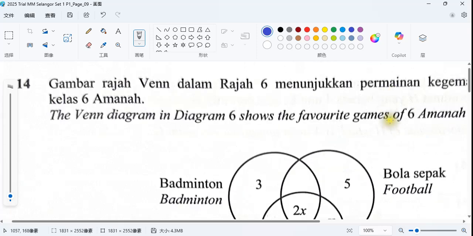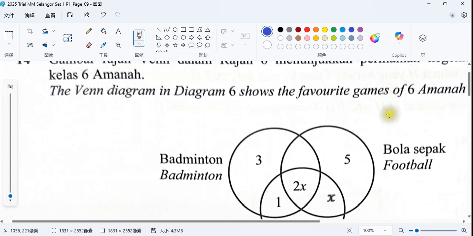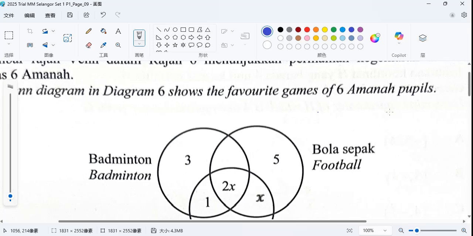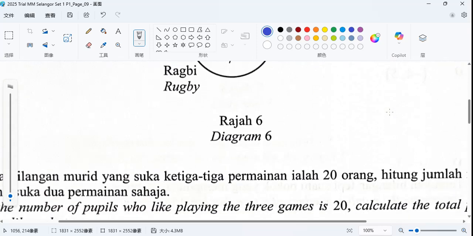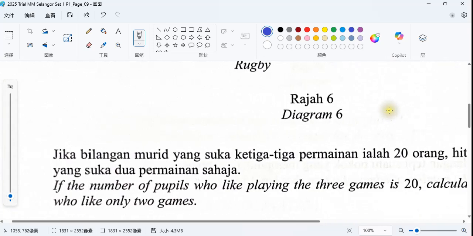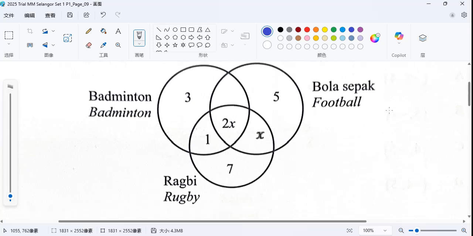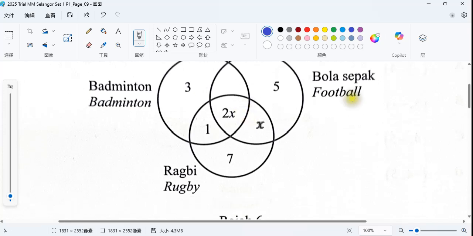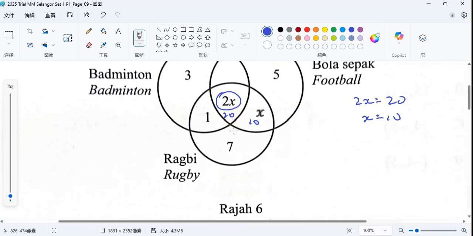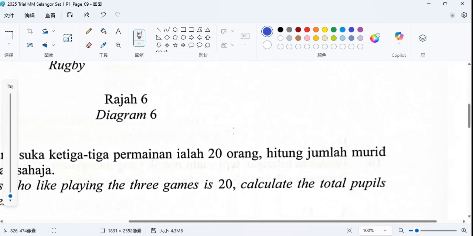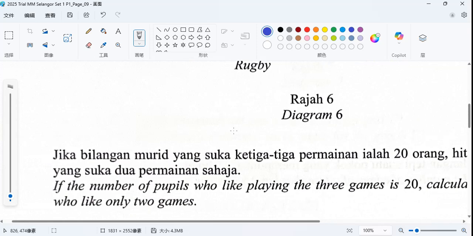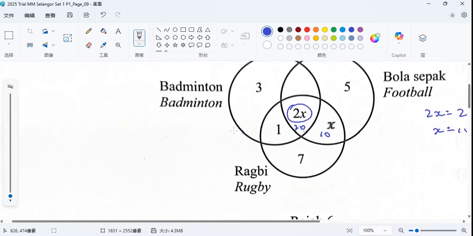Question number 14. Diagram 6 shows the favorite game of 6A pupils. If the number of people who like playing 3 games is 20, so this is equal to 20. This one, 2x equals 20, then x is 10. This is 10, this is 20. Okay. Calculate the total number of people who like only 2 games.